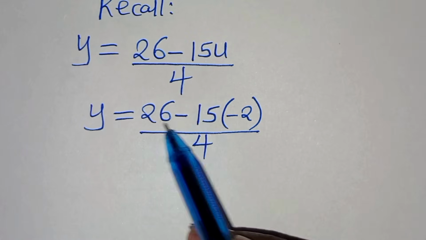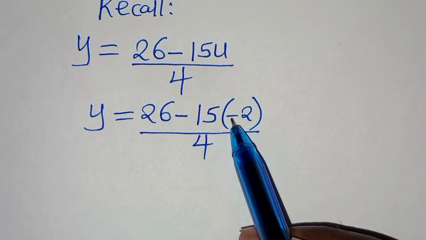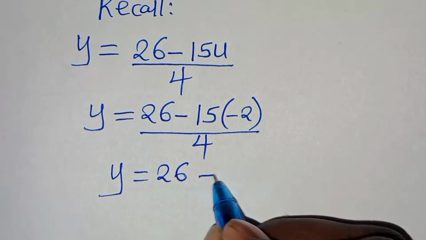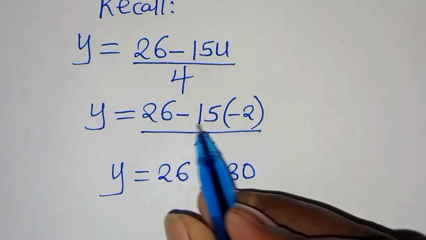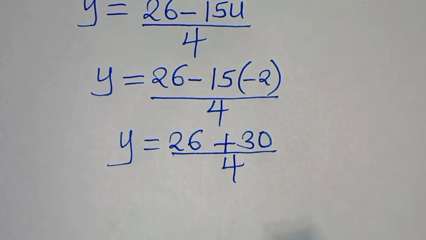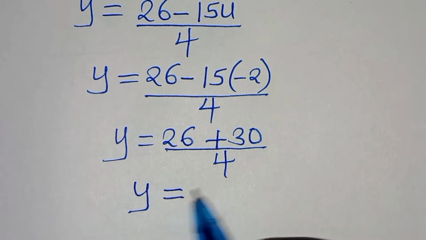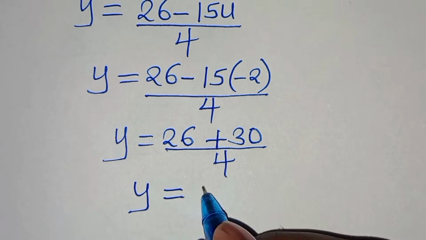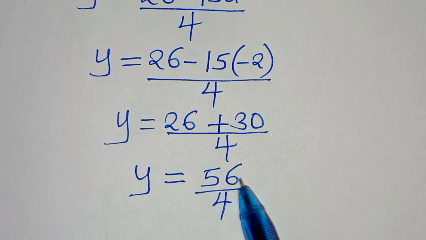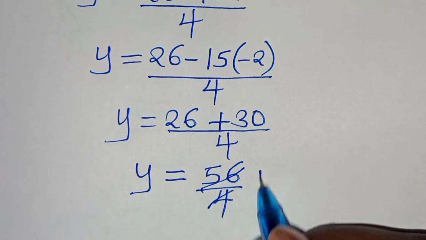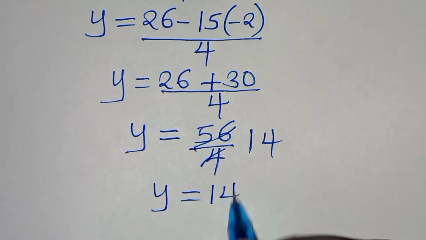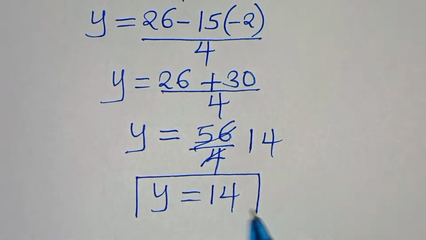This is 26 plus 30, since minus 15 times minus 2 is plus 30, divided by 4. So the value of y is equal to 56 divided by 4, which is equal to 14. This is the value of y.